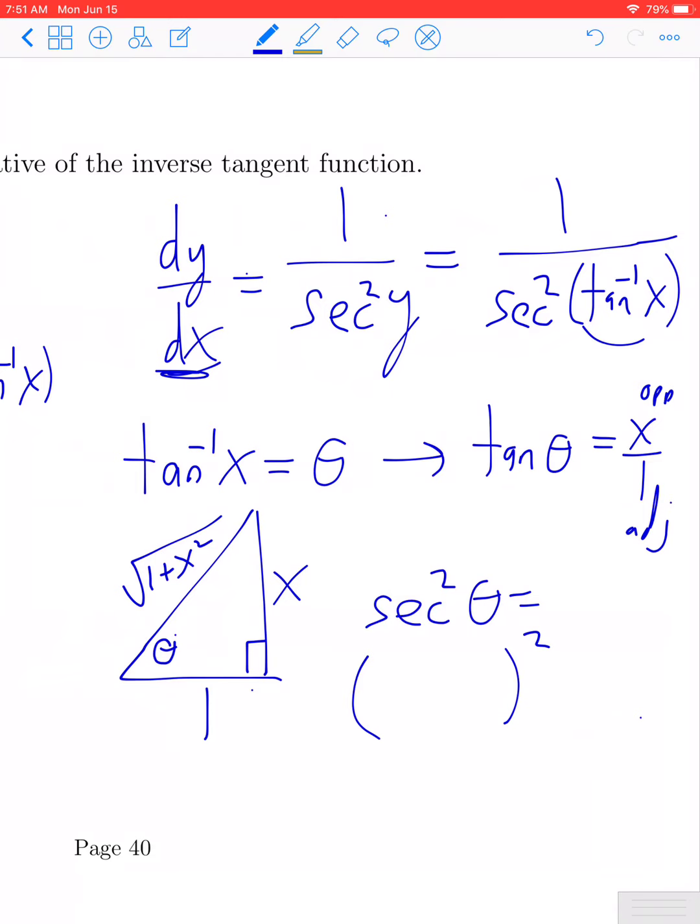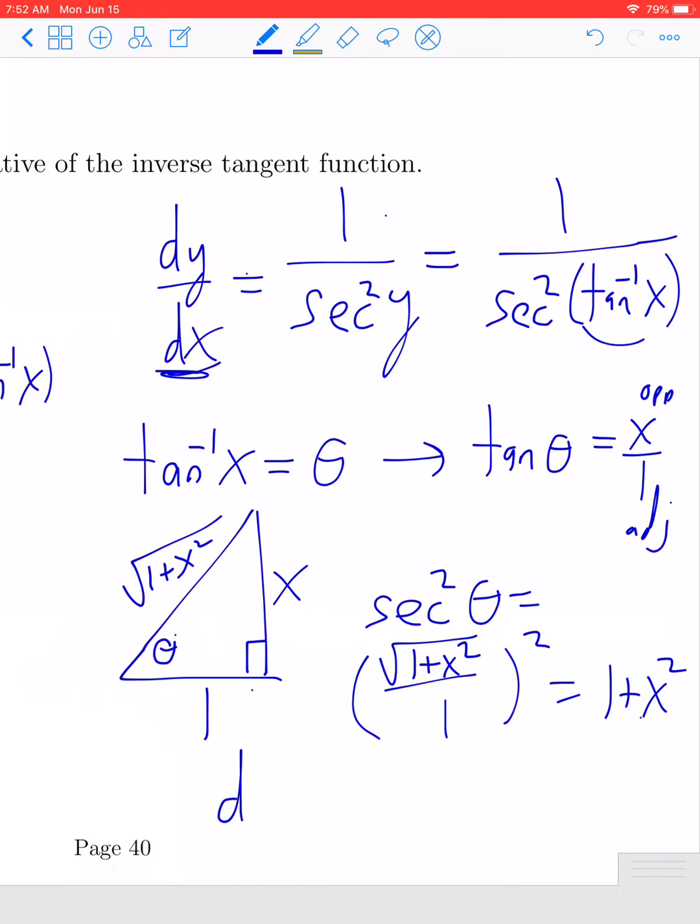Cosine is adjacent over hypotenuse, so secant is hypotenuse over adjacent. The square root of 1 plus x squared divided by 1 is the square root of 1 plus x squared, and then the squaring will get rid of that square root, so we get 1 plus x squared as the value of the secant squared of theta.